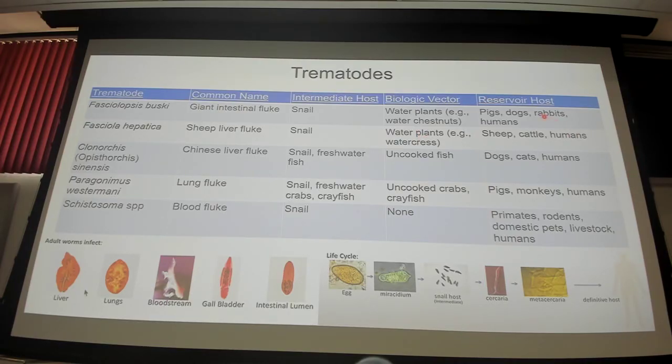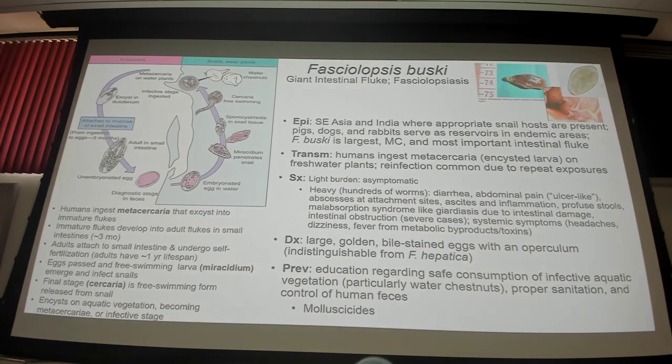And then the reservoir hosts: the more hosts that are involved in sustaining these trematodes, the harder it is for us to eradicate this from the human population, generally speaking. All right, so we'll start off with Fasciolopsis buski first. It causes fasciolopsiasis, simple word, big word.